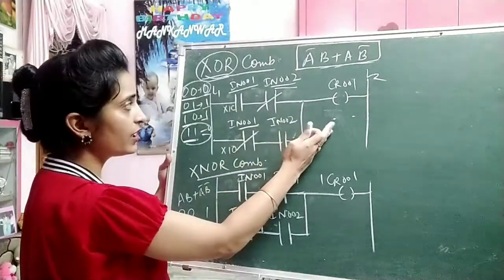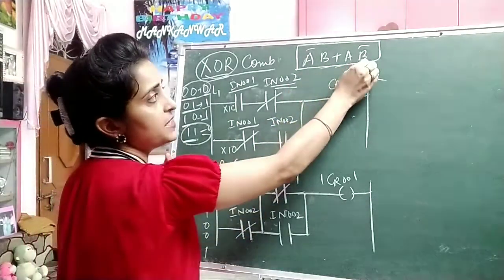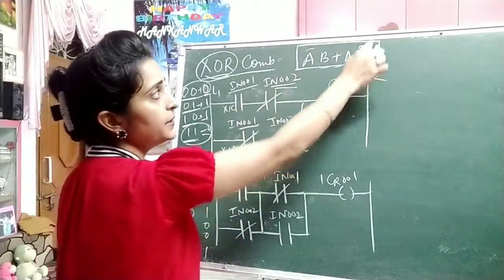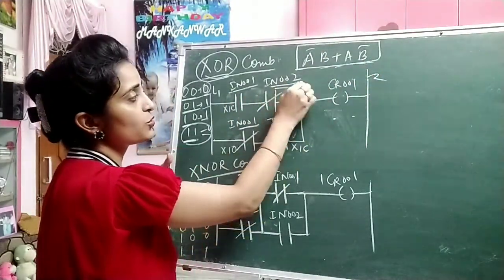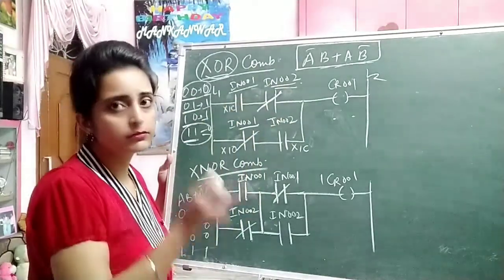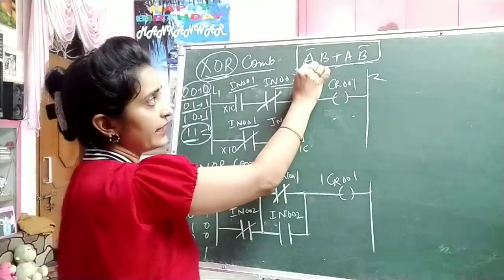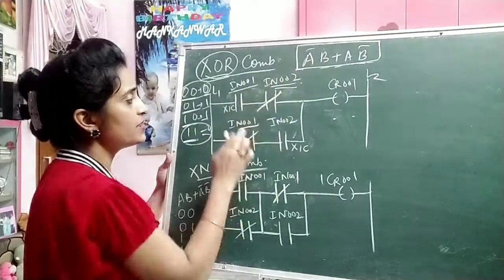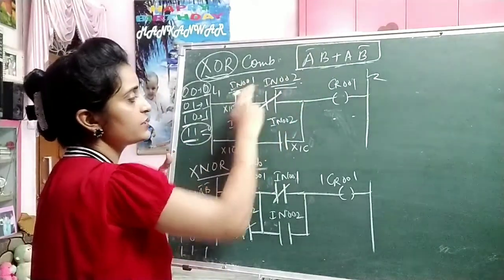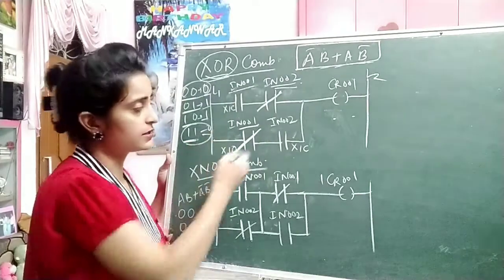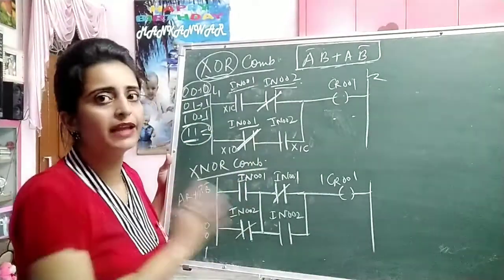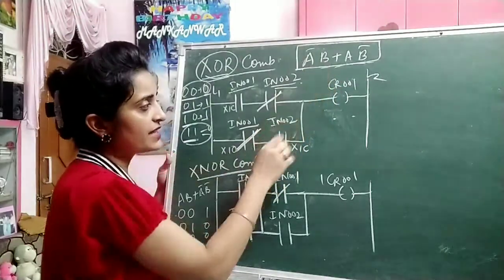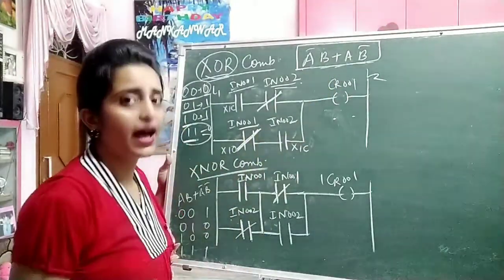What we have done here: A B bar. A means IN001, B bar means IN002 bar, negative. Second is A bar B. A bar means IN001 bar, which works like the negative of this, the opposite of this. And B as it is, so IN002 as it is.